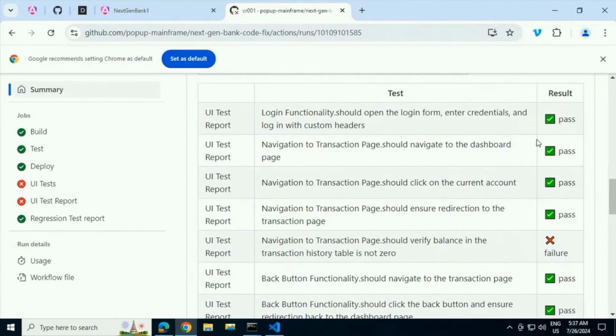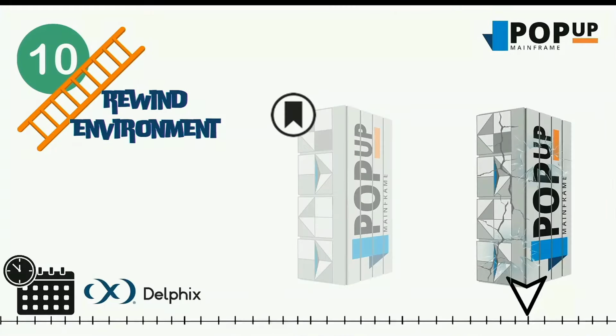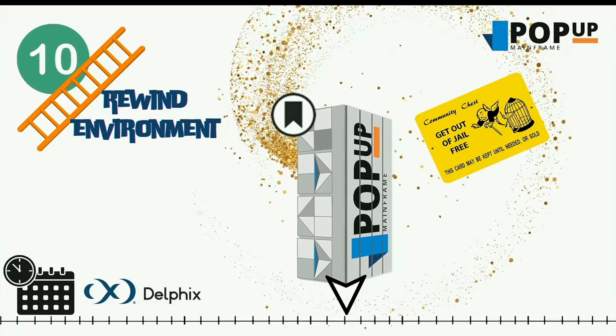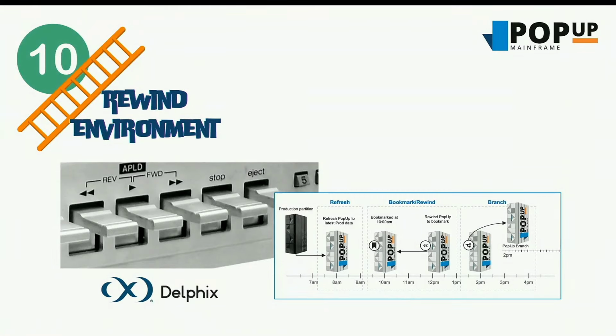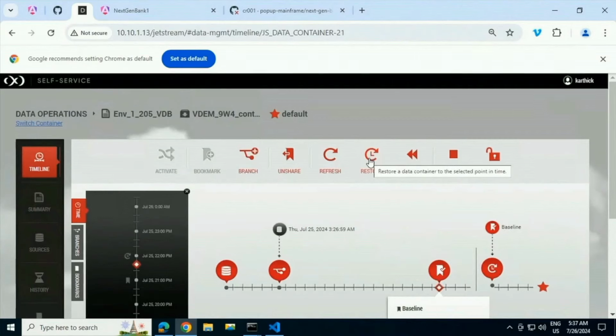All of that is on this BMC pop-up as well, and the IBM pop-up has equivalent software on it. But the important thing is, and we're showing it getting to the top, there's a get out of jail free card for the developer. His change has gone wrong. Maybe it's multiple failures on a big regression test pack, but the whole environment can just be rewound by the developers if they have access, or potentially it could be the environments team.